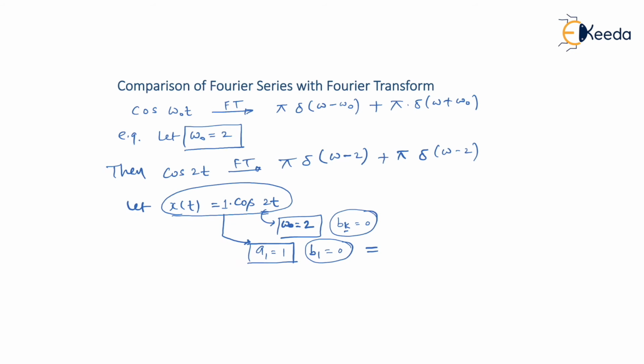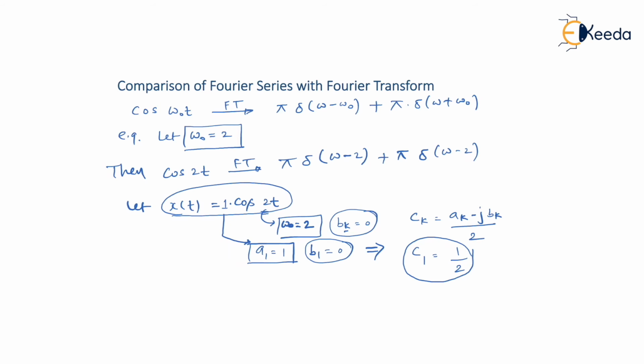Now from this I can calculate ck. If you know the relation, ck is your ak minus j bk, divided by 2. So for k equal to 1, c1, where the a1 value is 1 and the b1 value is 0, so I would say it is 1 by 2.